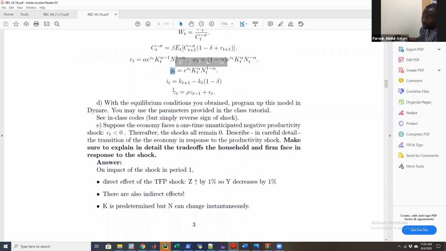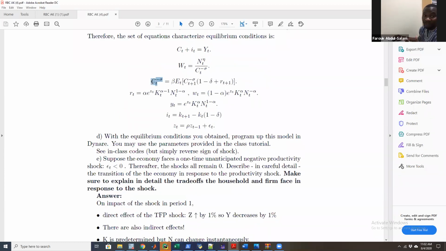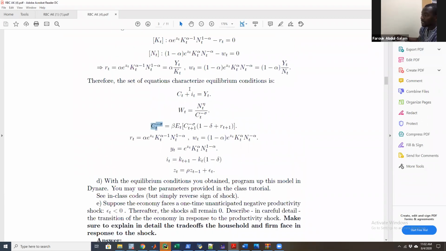And as Y goes down, there's implication on what our rental rate of capital is, which Ella just asked. There's going to be an implication as to what our wage is. There's going to be further implication as to what our consumption is. And there's going to be an implication as to what the amount of hours of work is.